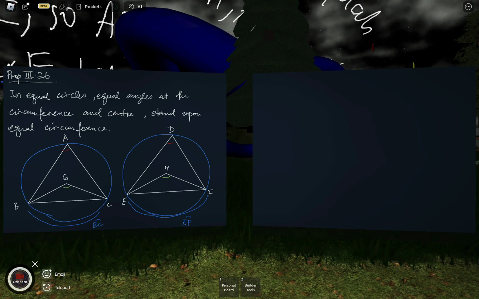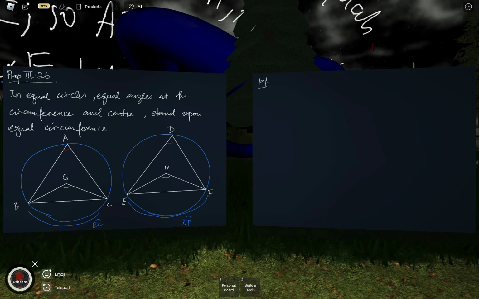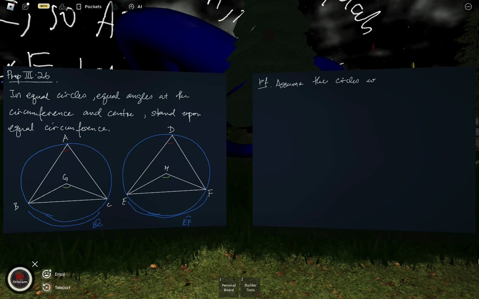Always join up the points you draw on the page. So that's the construction. Proof on the next page. Okay, so assume the circles, with centers G and H, are equal.